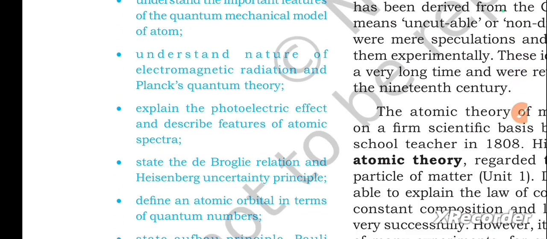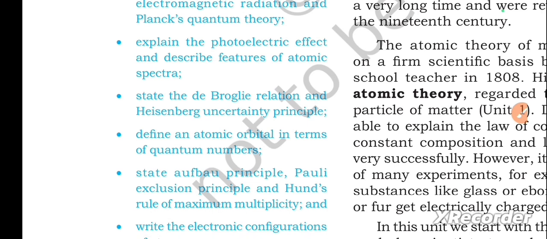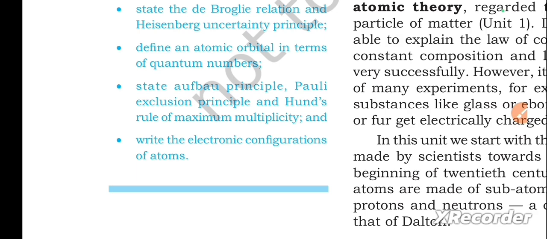Explain the photoelectric effect and describe features of atomic spectra. State the de Broglie relation and Heisenberg uncertainty principle. Define an atomic orbital in terms of quantum numbers. State Aufbau principle, Pauli exclusion principle and Hund's rule of maximum multiplicity, and write the electronic configurations of atoms.